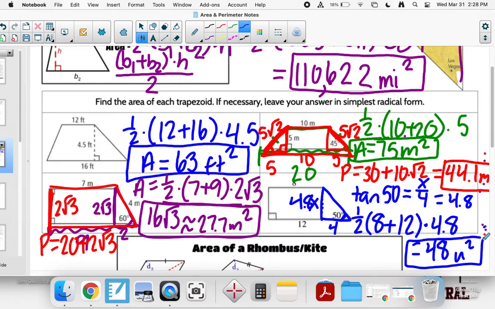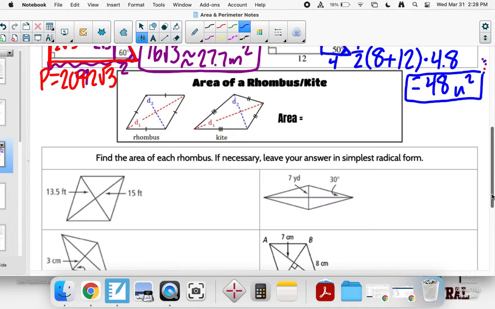No. Okay, if you ask me, kites and rhombuses are a little bit easier. If you remember from when we got back from winter break, in a rhombus, all of your sides are the same, and in the middle we have 90s. The dashes that go through are your diagonals, and in a rhombus, the diagonals bisect.